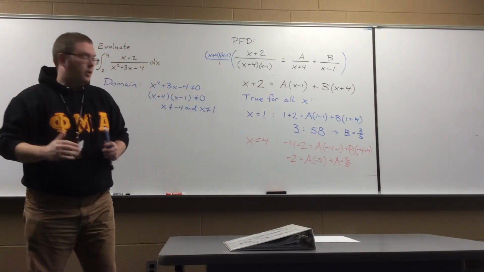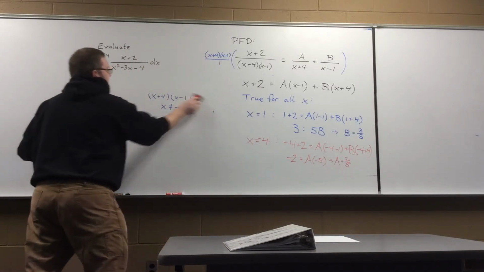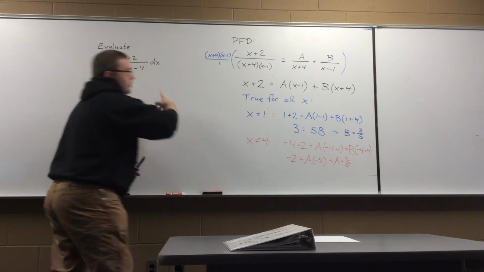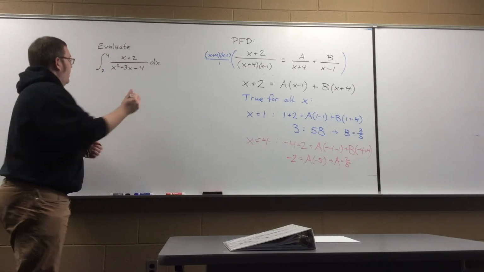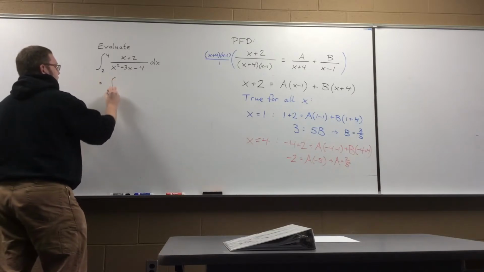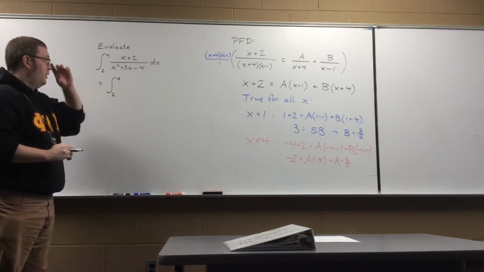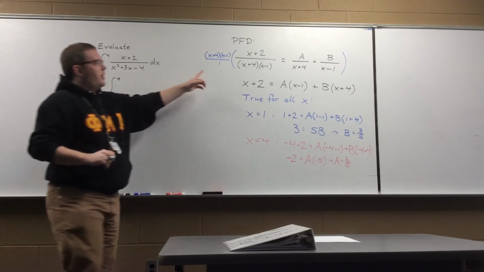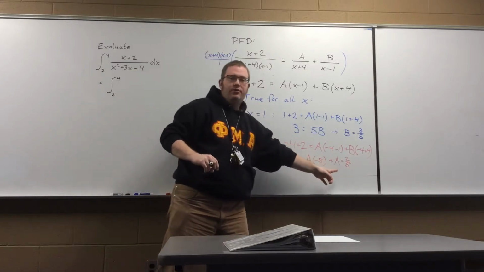Now, that completes our partial fraction decomposition and lets us know a couple things back here. So over here on the left side, I'm actually going to evaluate the integral now. The limits of integration will still be the same. We expressed our partial fraction decomposition as a over x plus 4. Then we calculated a to be 2/5.